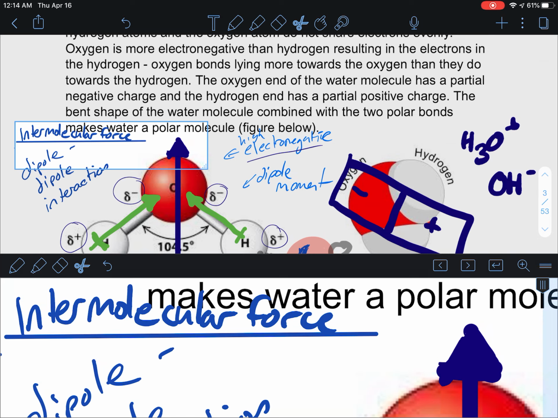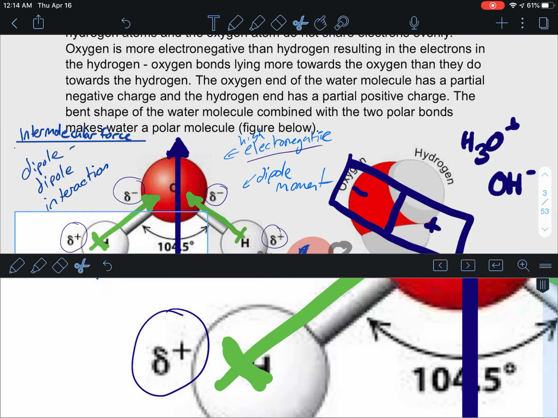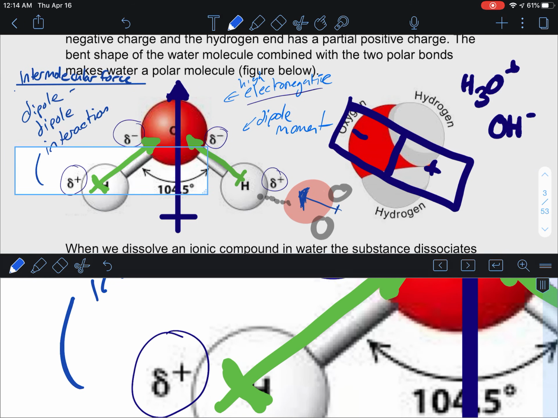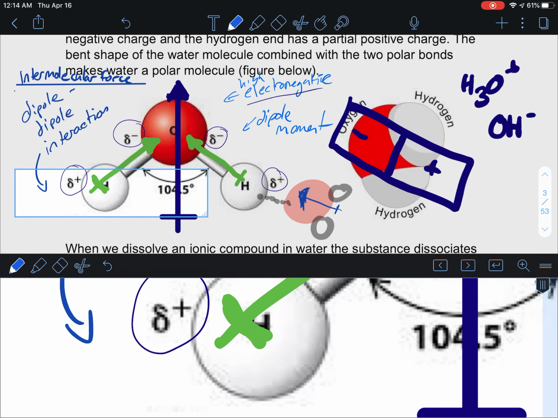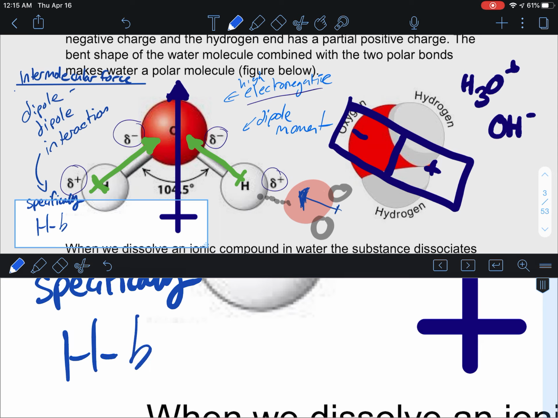So this intermolecular force keeps things arranged as is, and it must be overcome if we want to change the chemicals. This intermolecular force is a dipole-dipole interaction, specifically a specific type of dipole interaction known as a hydrogen bond, or H bonding.